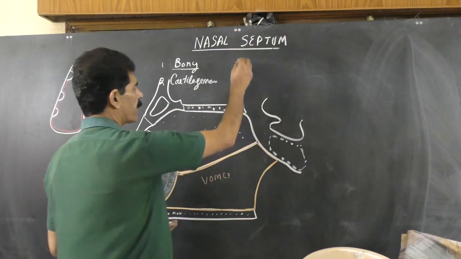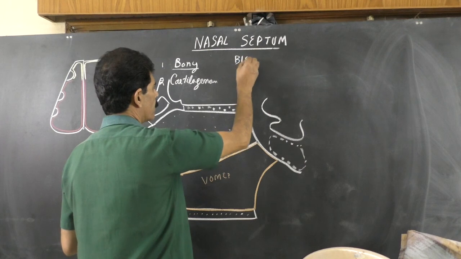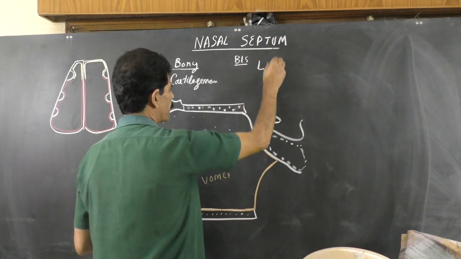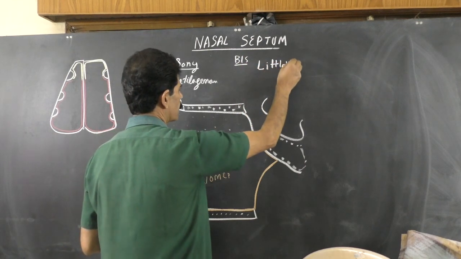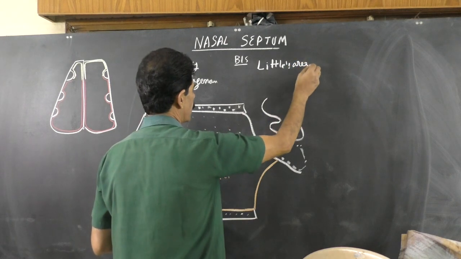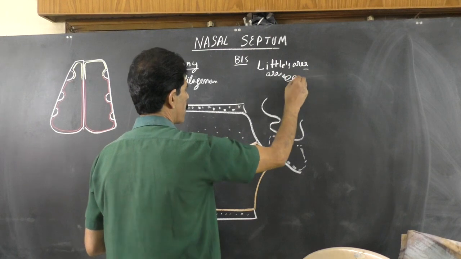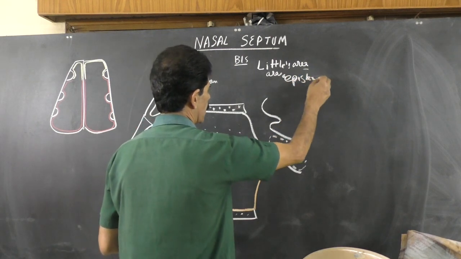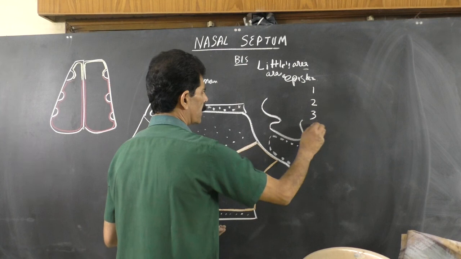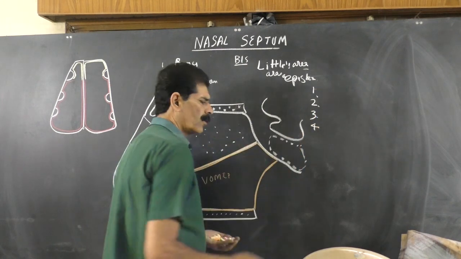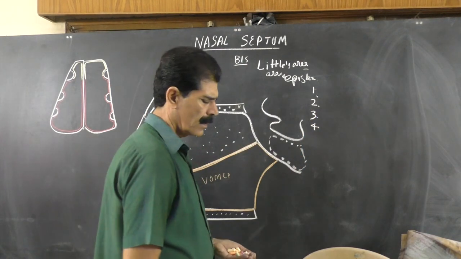Its blood supply is very important because there is an area which is called Little's area. Little's area is also called the area of epistaxis. And this area is actually the meeting place of four arteries.